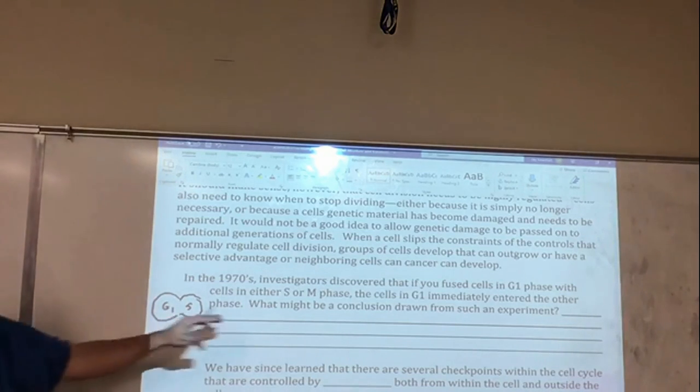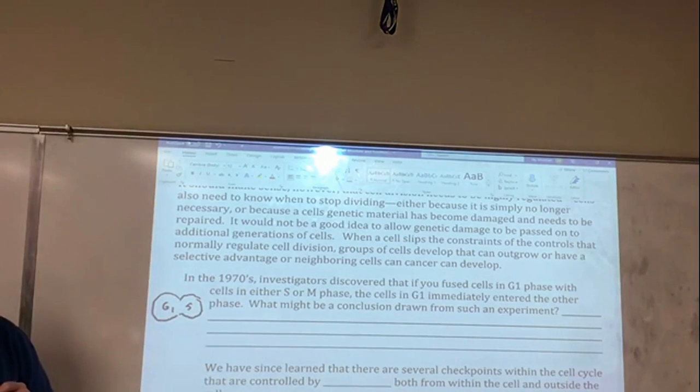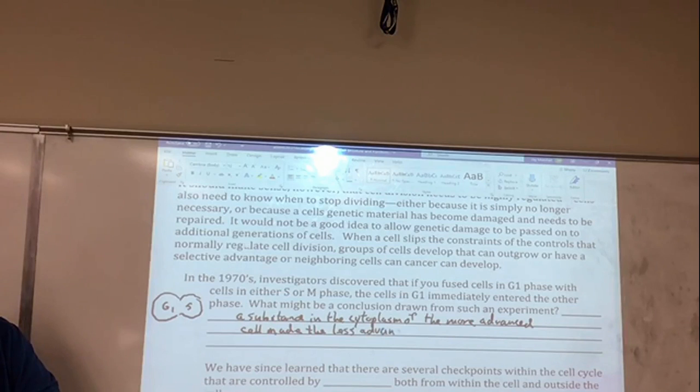So the conclusion that we can draw from this is that a substance in the cytoplasm of the more advanced cell made the less advanced cell advance.